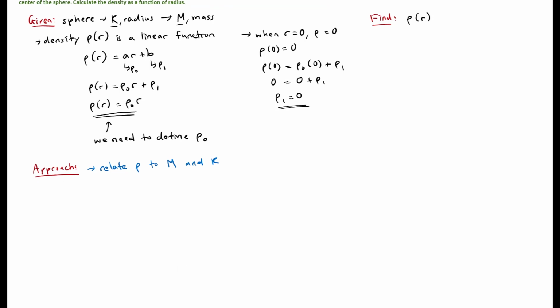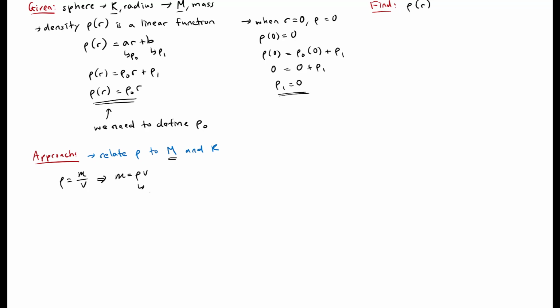So first of all, we know that density is equal to mass over volume, which means that mass is equal to rho times v. In order to get to capital M, I'm going to have to find the total mass.